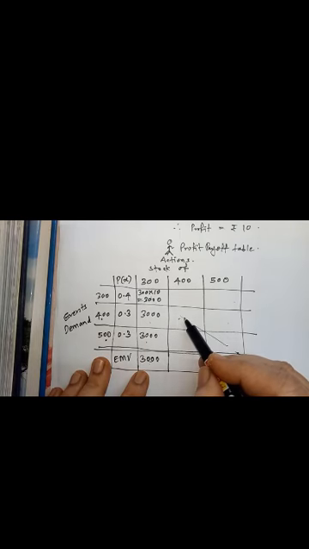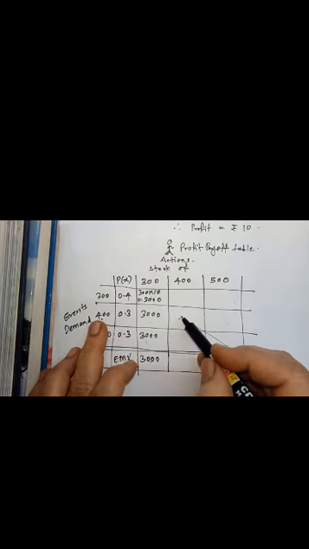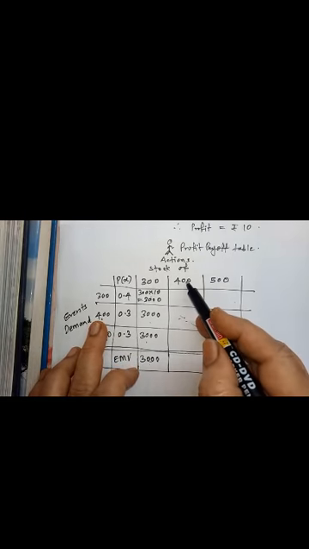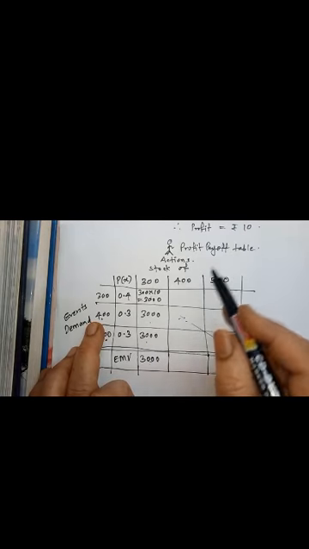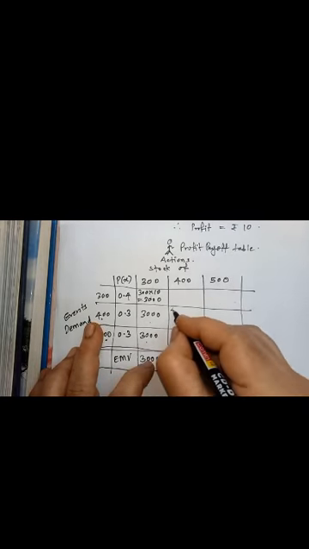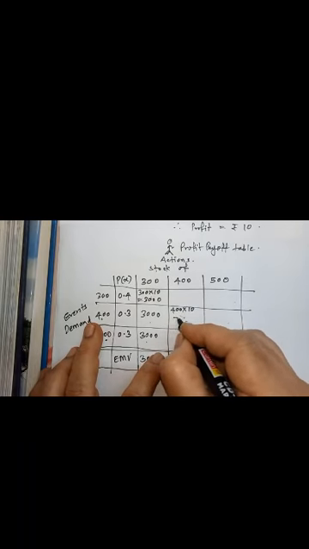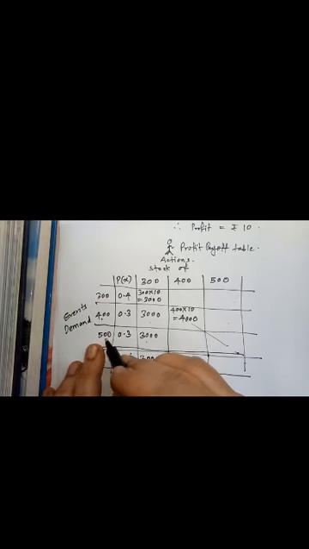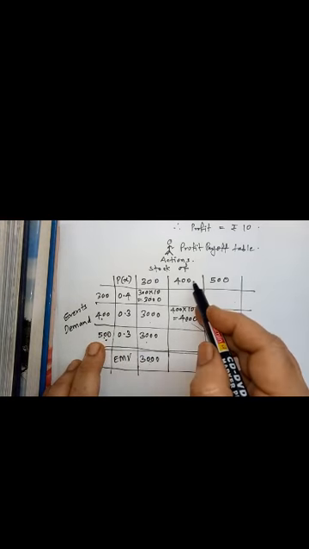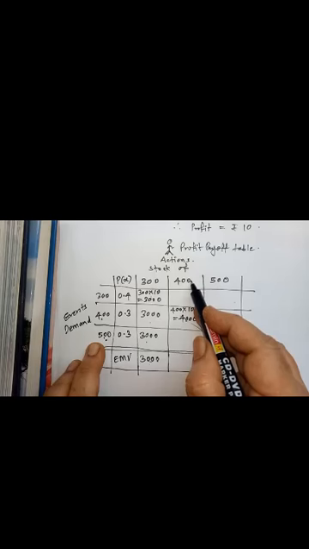Now come to this box. As I told you, we have to fill the diagonal boxes first. Now it's very easy to see that 400 units is the stock, 400 is the demand, rupees 10 is the profit per unit. So 400 into 10, it's 4000 rupees is the profit. And here the demand is of 500, but 400 is the stock, so only 400 units are sold.